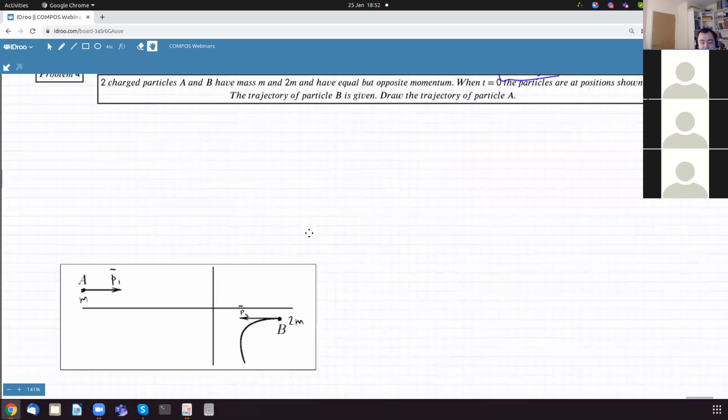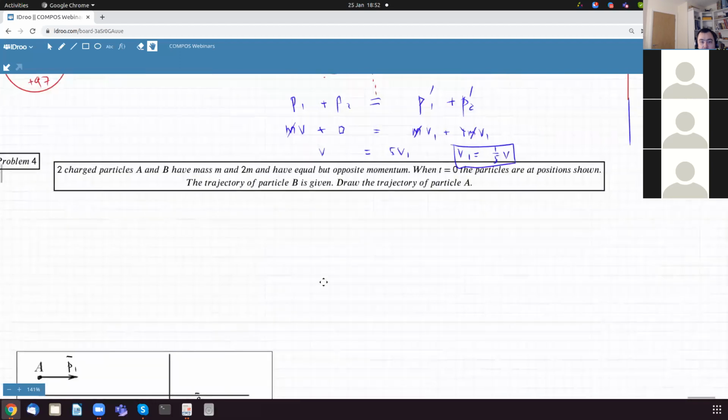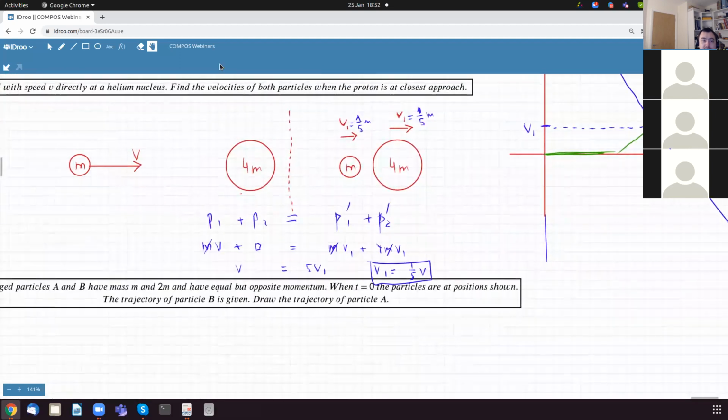So what can we gather from this diagram? Well, first of all, we know that the particles have the same charge. Oh, did I say 1/2 on 5m? Sorry. Of course, it's 1/5 v. V is the initial velocity. Sorry.